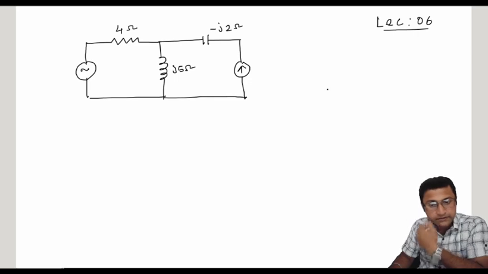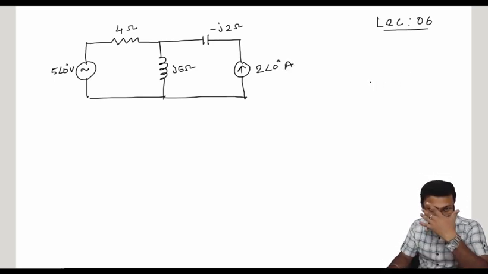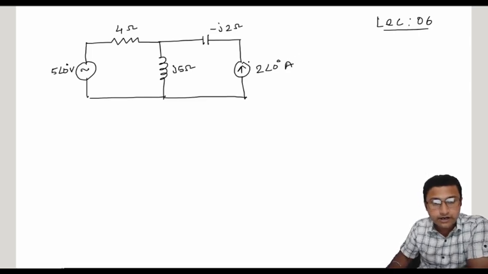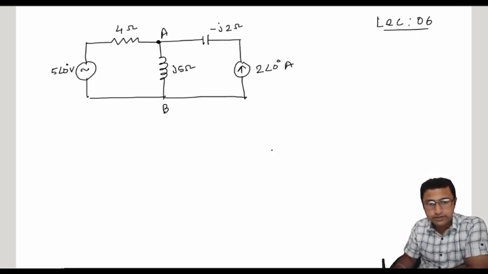The value of the current source is 2 at an angle 0 degree, and the voltage source is 5 at an angle 0 degree. It is in volt, it is in ampere. Now we have to find the current through this j5 ohm impedance. This is mainly the load impedance.